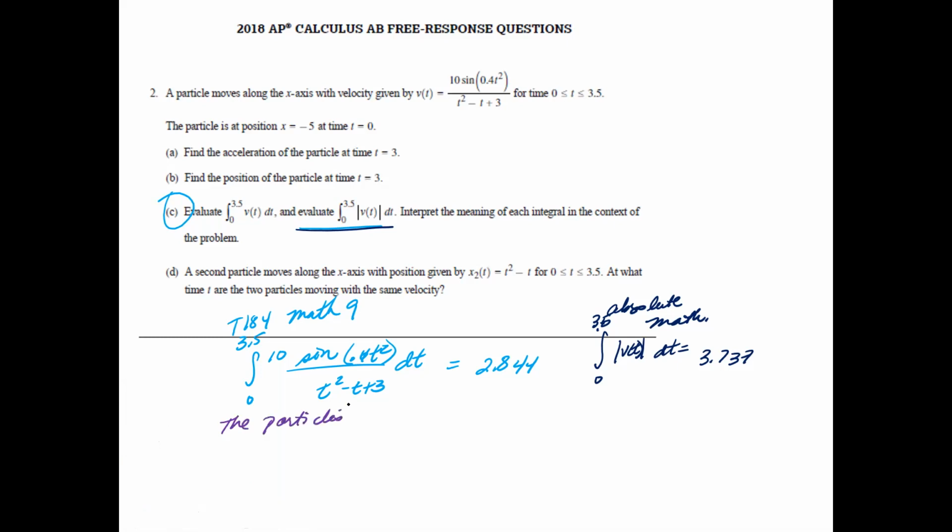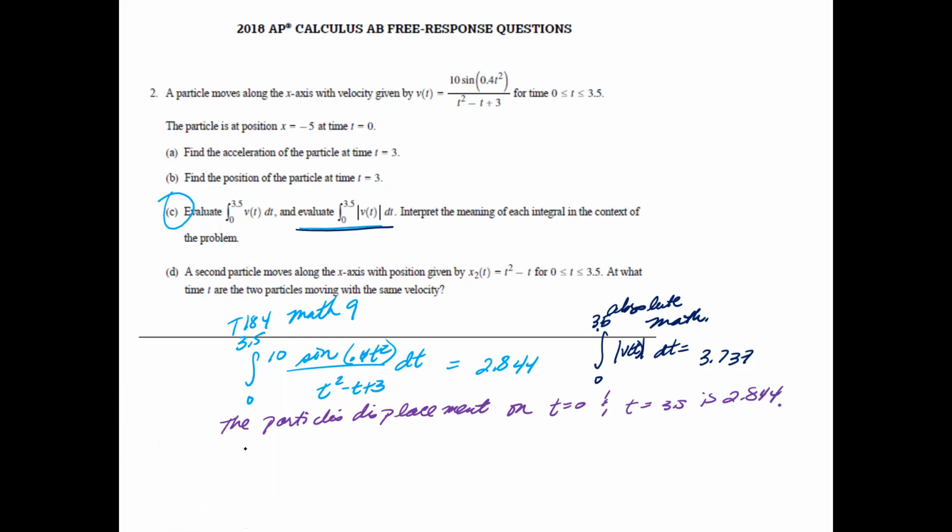And so your response for this situation could be: the particle's displacement between t equals 0 and t equals 3.5 is 2.844.